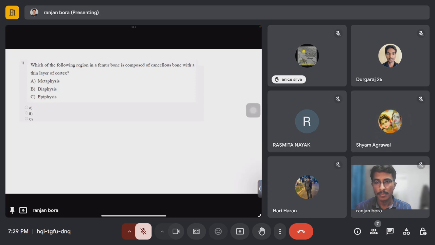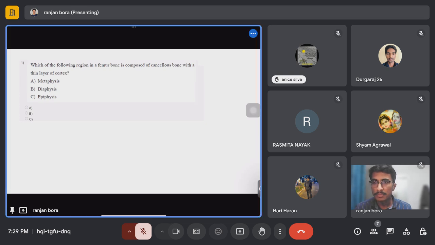Diaphysis. Is it diaphysis? This is a femur bone. Epiphysis. No.